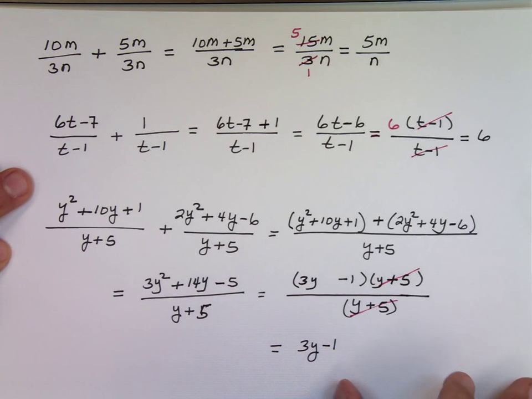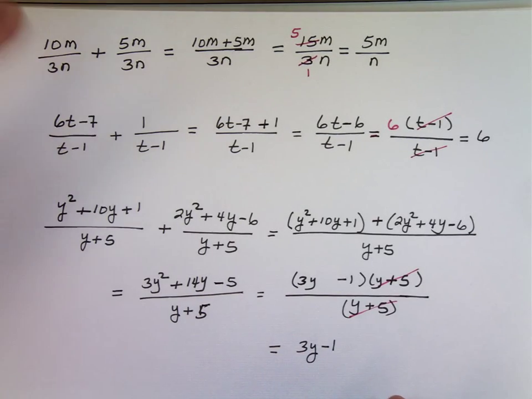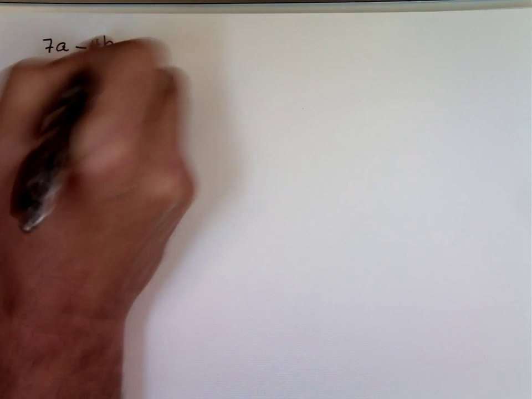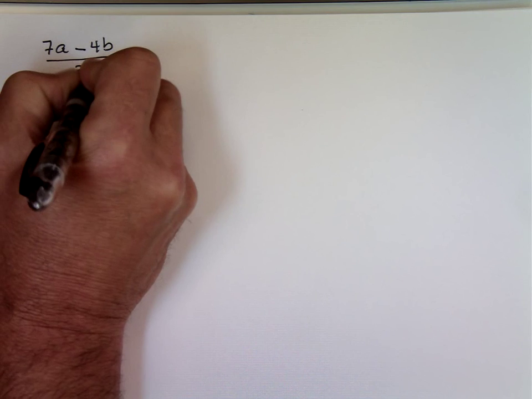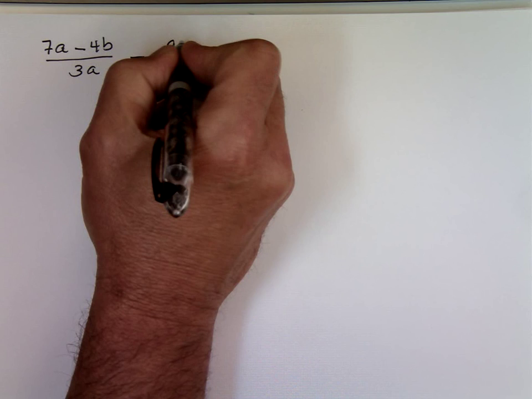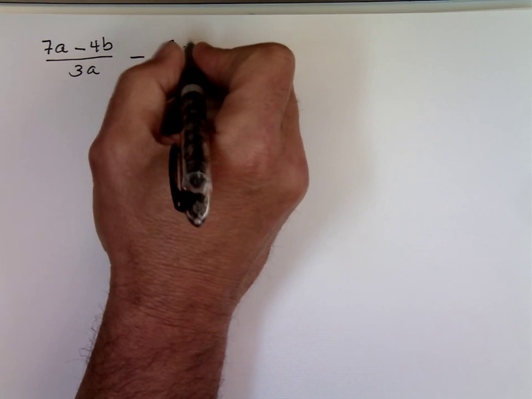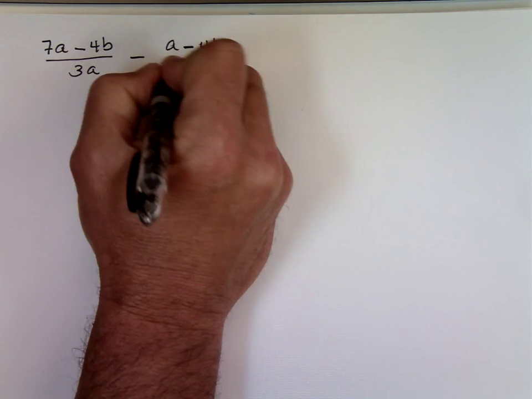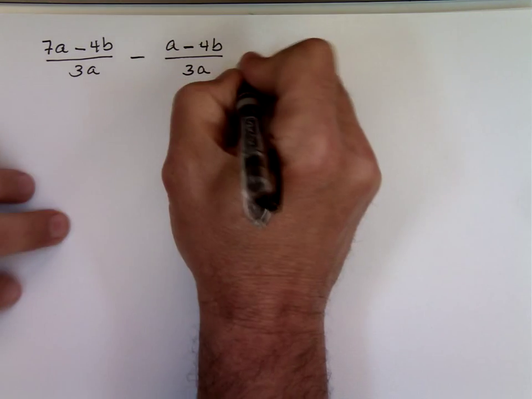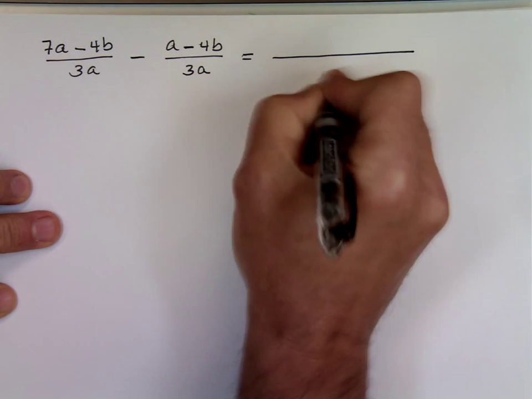Let's try some subtractions. We've done more addition than subtraction. Seven a minus 4b over 3a minus a minus 4b over 3a. The bottom stays the same.